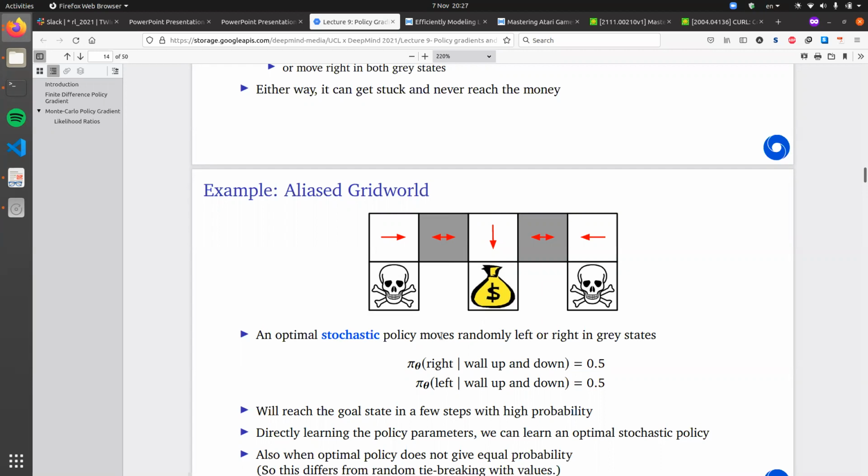And that is optimal in this case. By following this strategy, when we move from this state, we move deterministically right. From this state, we move deterministically left. Here, we move deterministically down. But in these two states, we move stochastically left or right. By following this strategy, we will always end up in the positive reward state.